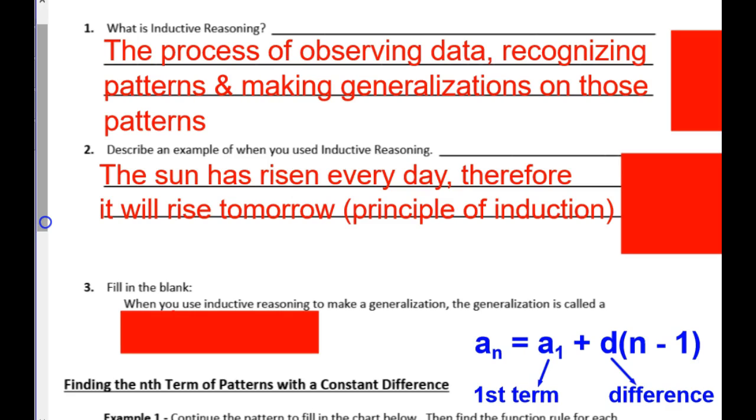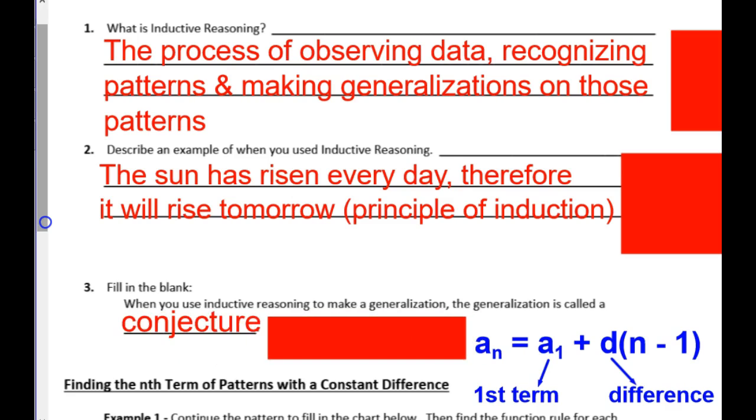So on number 3, when you use inductive reasoning to make a generalization, like the sun is going to rise every morning, the generalization is called a conjecture. Okay? So in math, we have these conjectures. We have these things that we've noticed in mathematics based on observation, just like you do when you observe in real life. Okay?